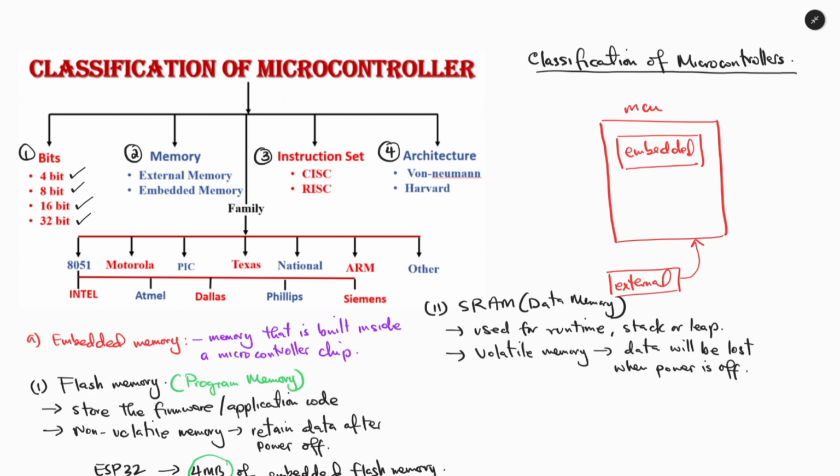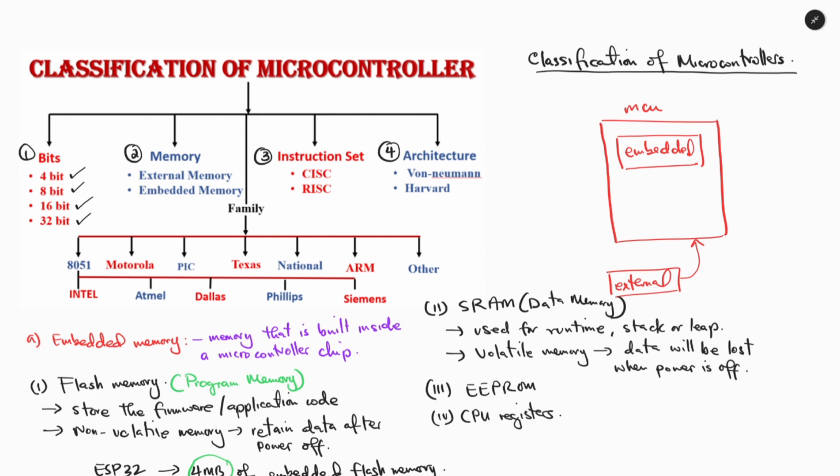Since it is under embedded memory, that means memories such as flash memory and SRAM can be inbuilt inside a microcontroller. And we can say thirdly, the EEPROM, and we have the CPU registers, and registers are also a memory because they are a sequential circuit.